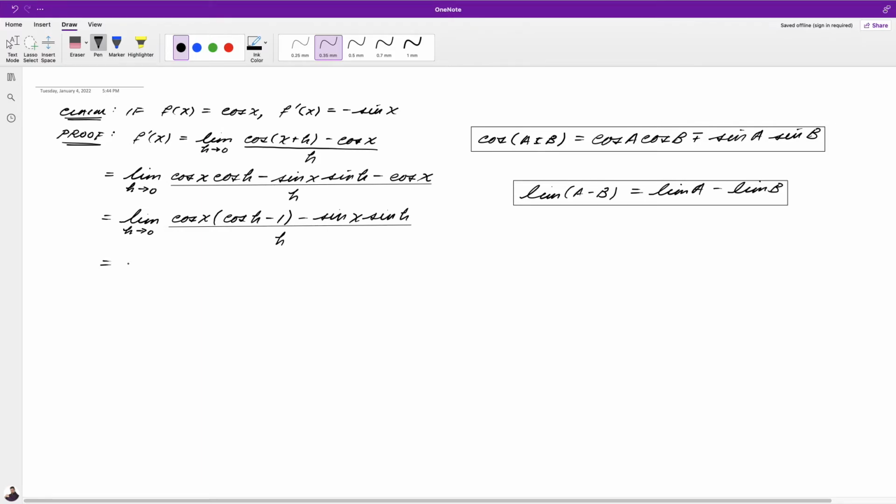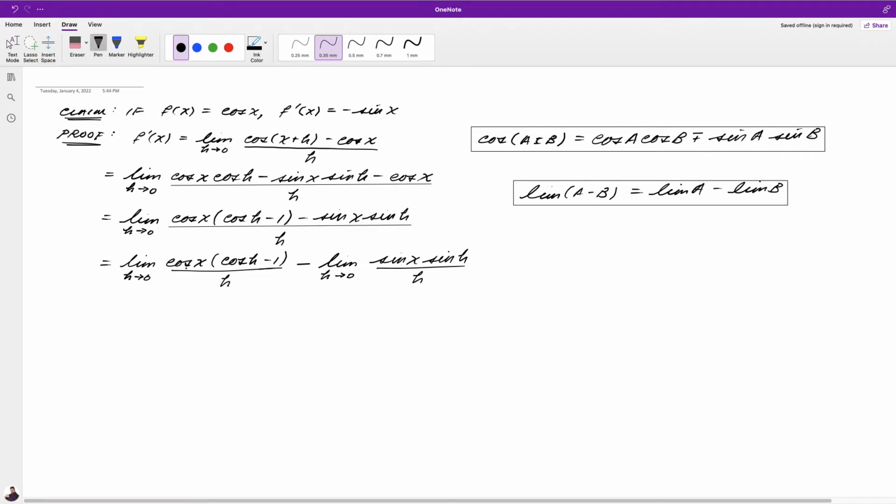All right, so we will be taking advantage of this property today. We're going to have the limit as h trends to 0 of cosine of x times the quantity cosine h minus 1, all of that over h, minus the limit as h trends to 0 of sine x sine h over h. Now it should be clear that the limit here is dependent on h, not x.